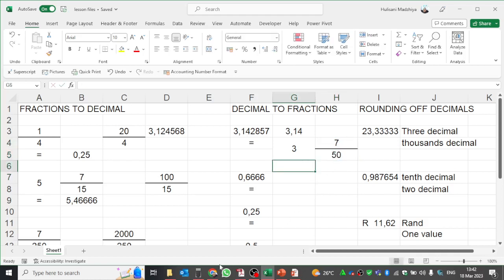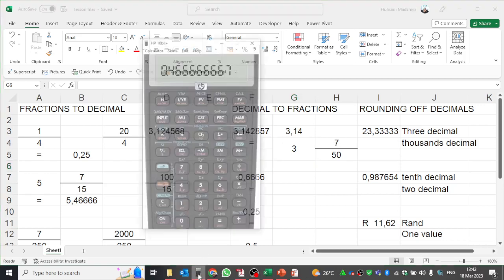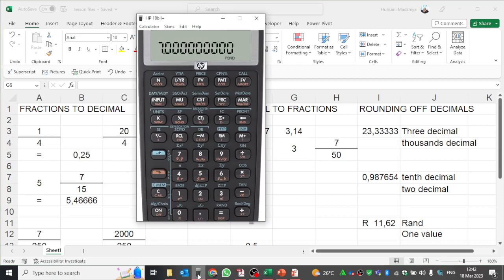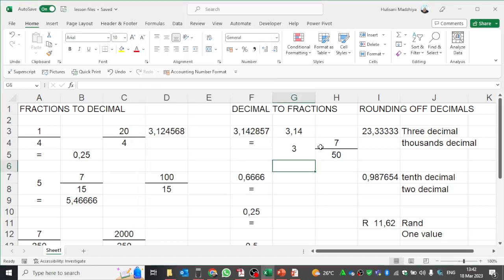So if you go on your calculator right now and enter 3 whole number 7 out of 50, you're going to get 3,14, because we have managed to round this off to the nearest 14. Calculating the decimals after the whole number, 7 out of 50 gives me 0,14, meaning the final answer will be equal to 3,14.